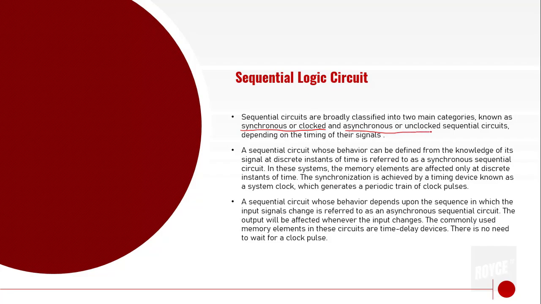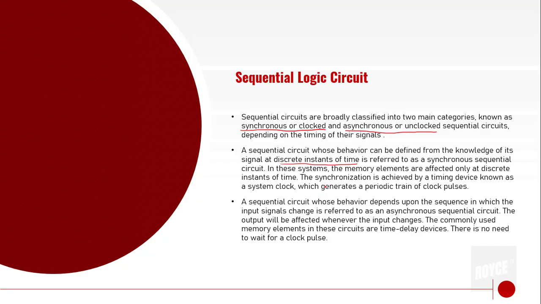So, we call this asynchronous naman. So, what is the difference between the two? Yung isa clocked, yung isa unclocked. Well, the synchronous sequential logic circuit, yung behavior niya is being defined by a discrete instant of time.